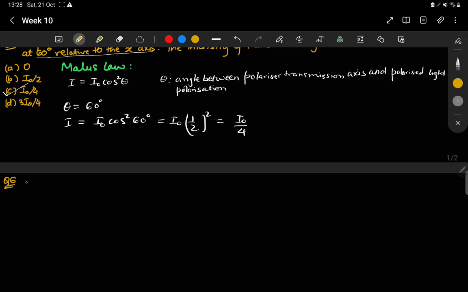Question number 6. An unpolarized light beam is launched at Brewster angle at an interface between two media.